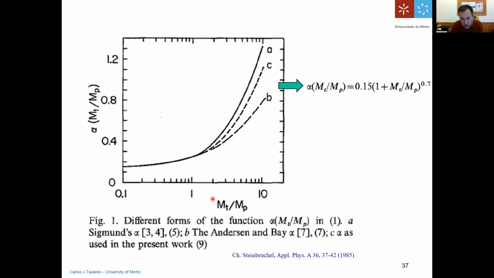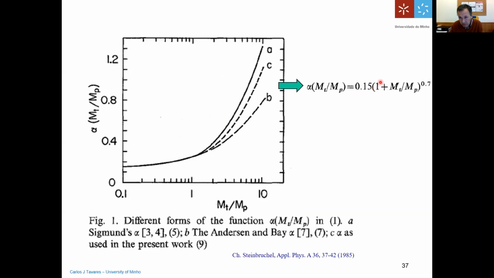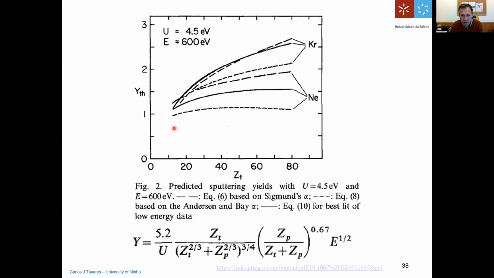But when the mass of the target element is much higher than the mass of projectiles like argon, xenon, krypton, etc., they deviate a lot. So this alpha function, which was drawn from this graph, gives you a better tendency when given by this equation. You should put this equation here in this part of the alpha function. But I was just trying to explain how you can calculate the sputtering yield.